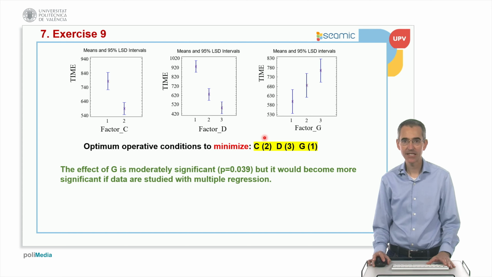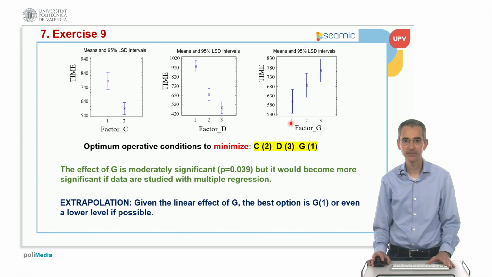So in case this factor is quantitative, we can study that with multiple regression, and for sure we will get that the simple effect is clearly significant. It means that the best recommendation is to choose factor G at the lowest level. Okay, and well, extrapolation.